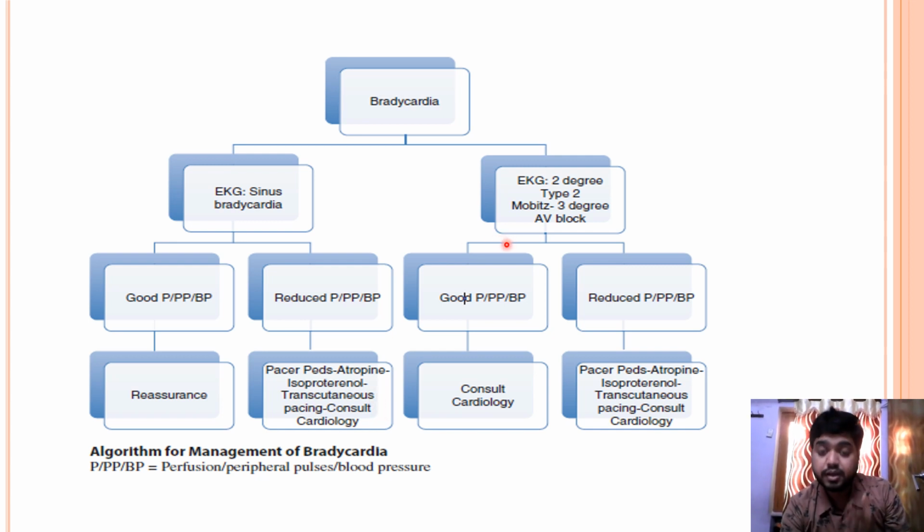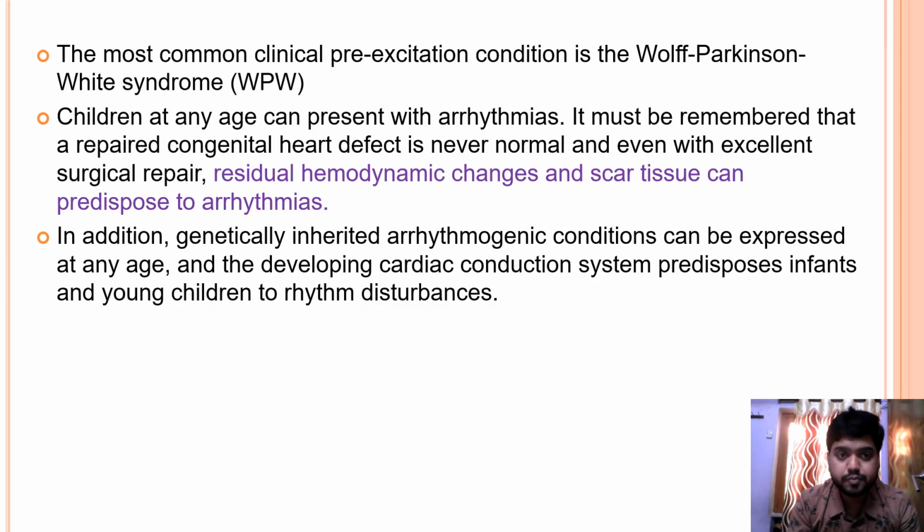Then blocks: definitely take cardiac consultation, and if hemodynamically unstable, the child needs pacing. Pacing devices are usually inserted through IJV or femoral lines, where the electrode is passed through the line into the heart and externally manipulated with a pacemaker box.